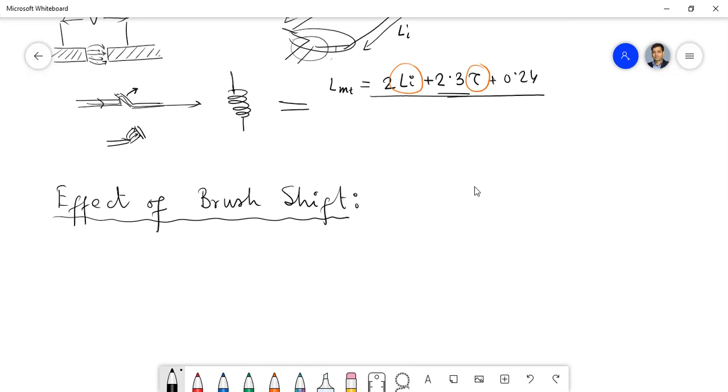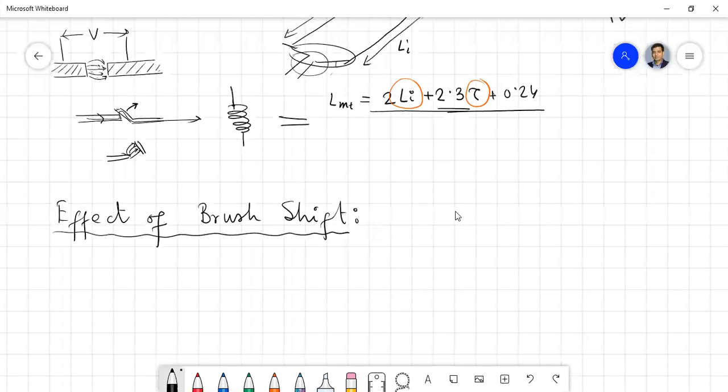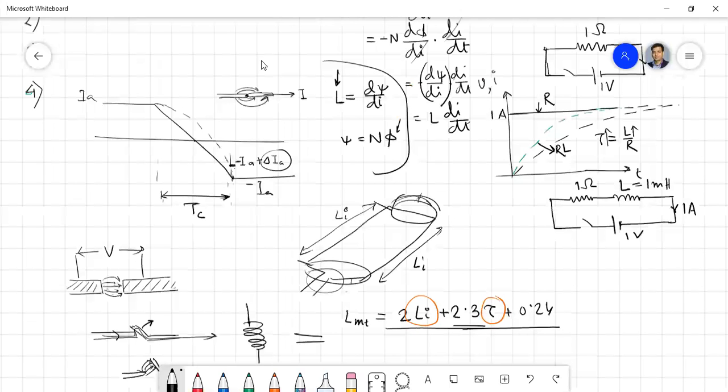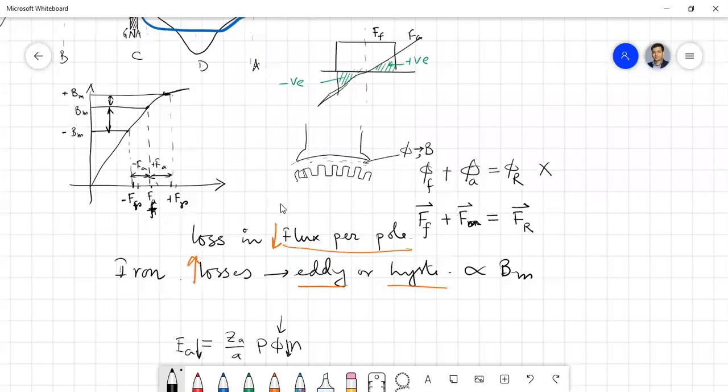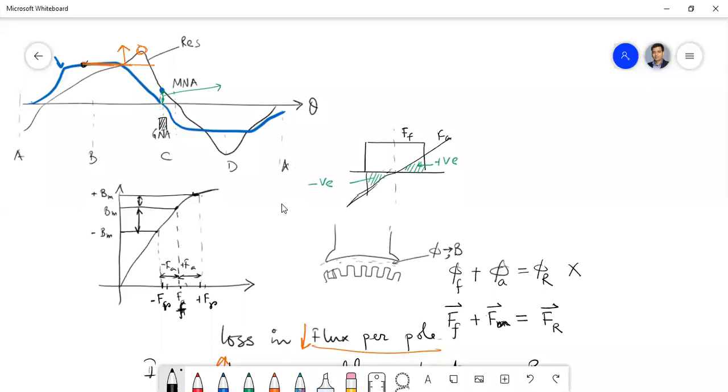Now, what will happen if I shift the brush to the new magnetic neutral? Because as I told you, the brush should be placed at the magnetic neutral, isn't it? But you see, due to this armature reaction, the magnetic neutral is no longer at the geometric neutral.